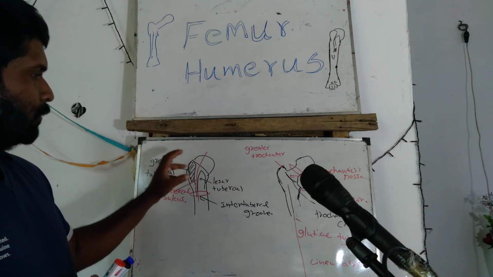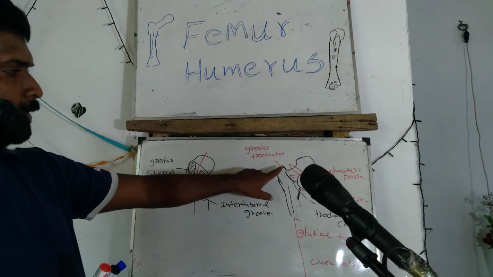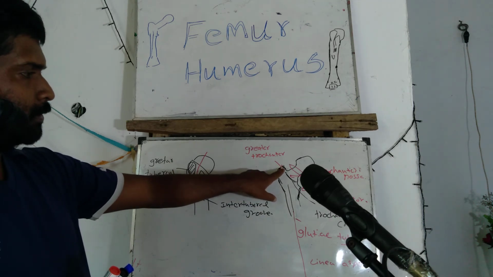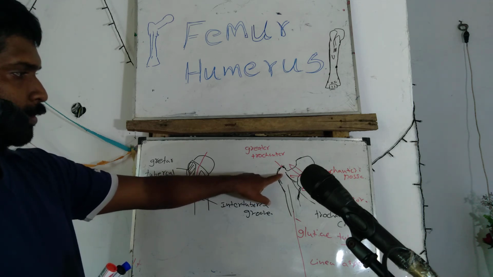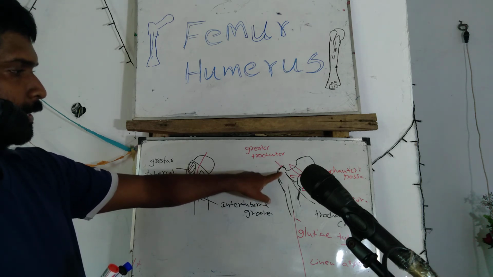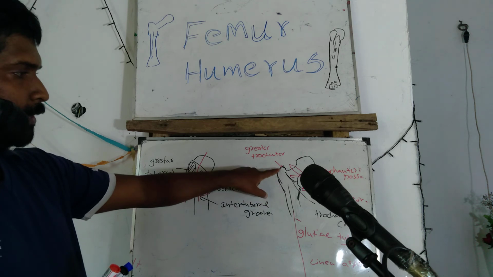Another area: the femur has a tubercle. The gluteal region connects at the gluteal tubercle.